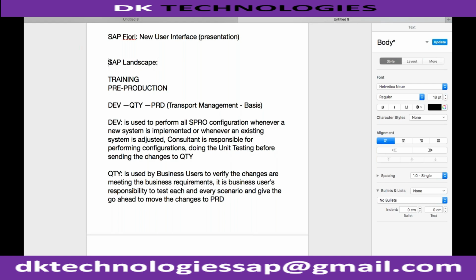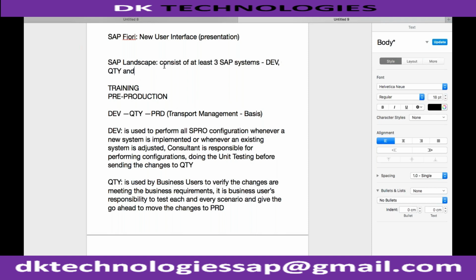So when we say the SAP landscape consists of at least 3 SAP systems, what are those 3 SAP systems? Number 1 is development, number 2 is quality, and number 3 is production. These are optional.